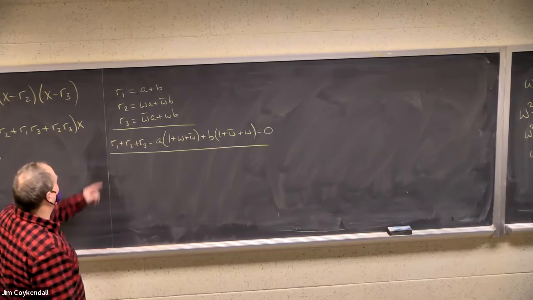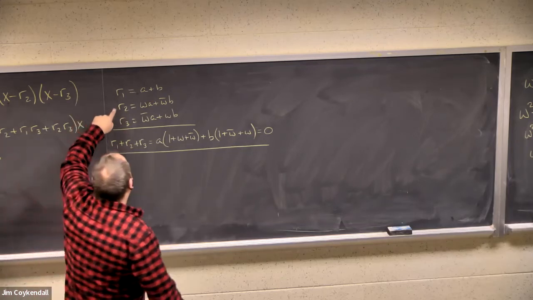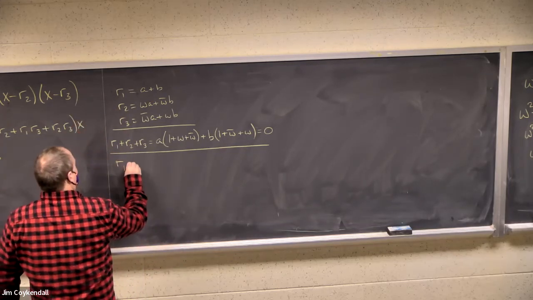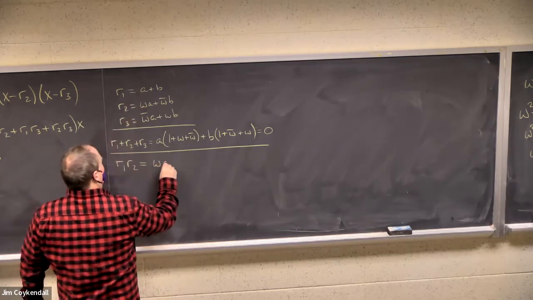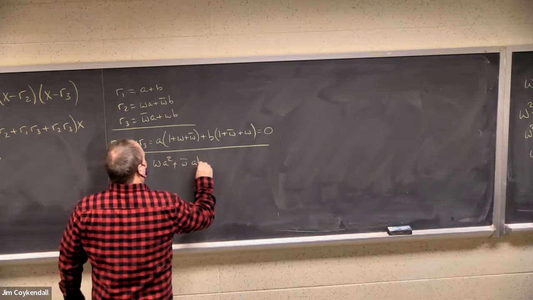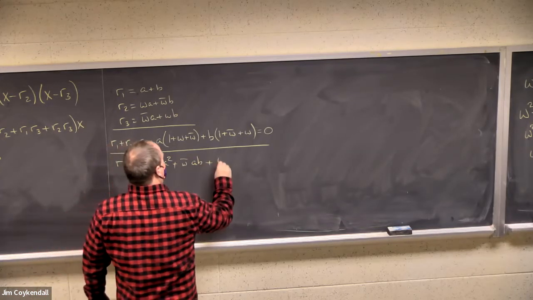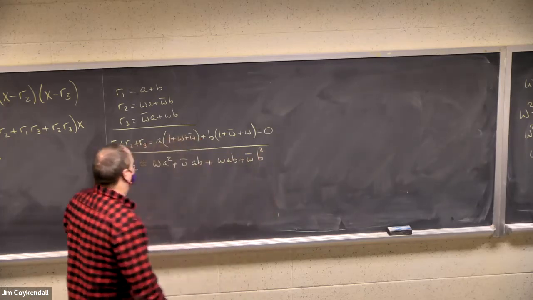To do this, I think I should collect some things. The first thing I'm going to do is multiply these out. It's not terrible. R1 times R2 is going to be omega A squared plus omega bar AB plus omega AB plus omega bar B squared.